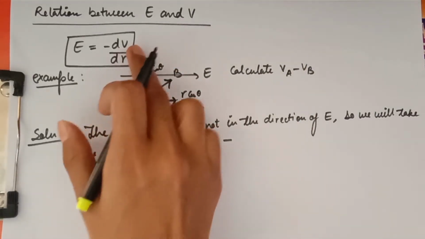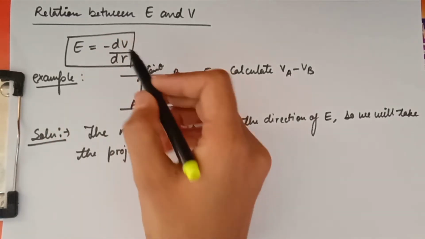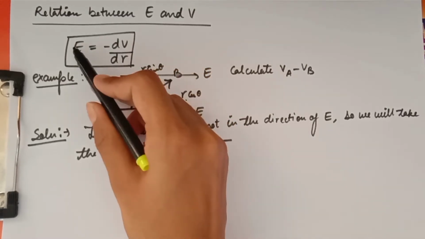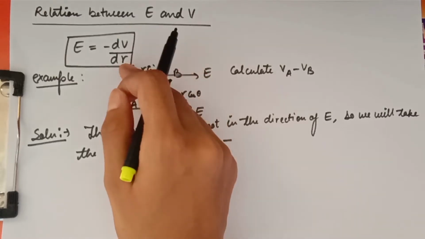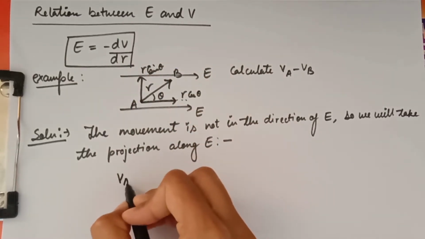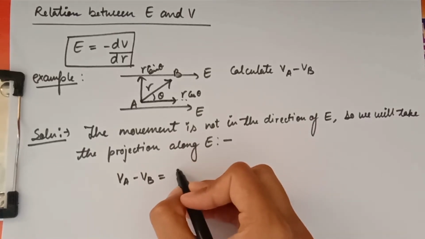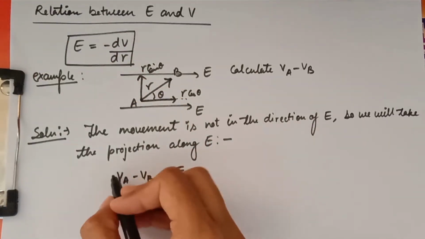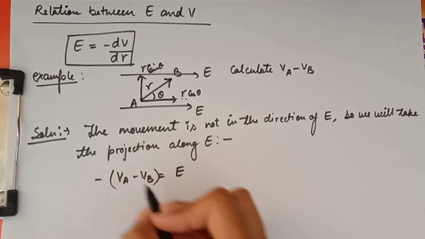As you can see from this identity, we can calculate the potential difference between 2 points by multiplying the electric field by the distance or displacement. So VA minus VB will be equal to E into R, or I can write it with a negative sign.